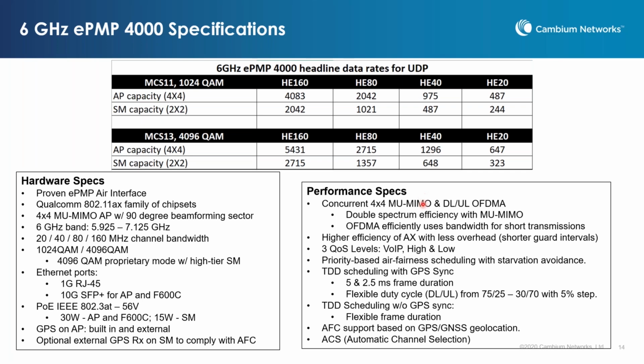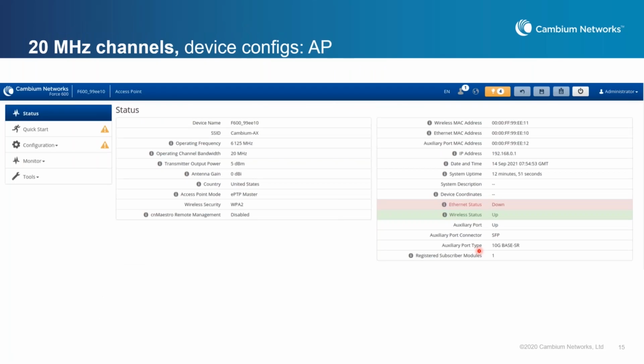And of course, our air fairness scheduling with the starvation avoidance mechanism, the different QoS levels, TDD scheduling, flexible scheduler, all of that is planned in the next months as we develop the software and work through all of this.